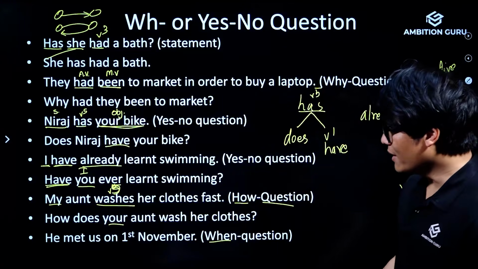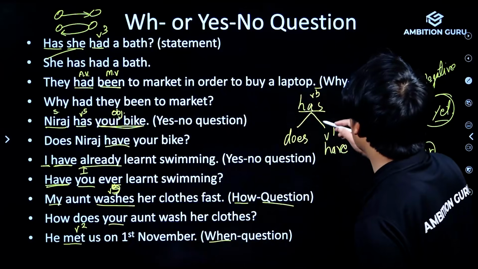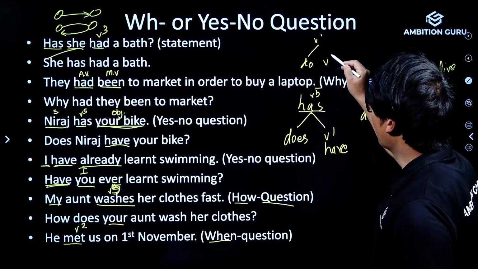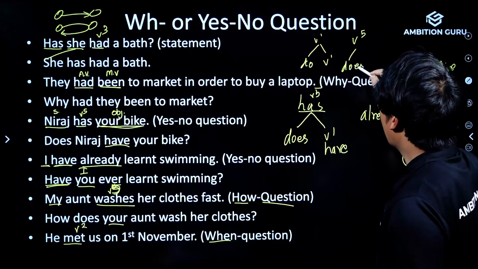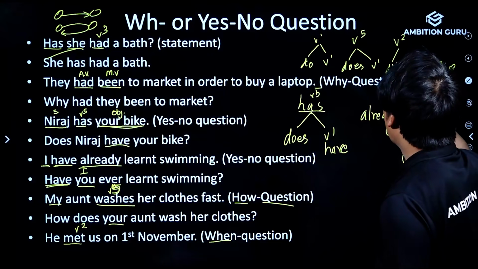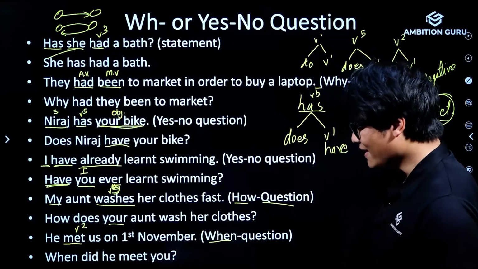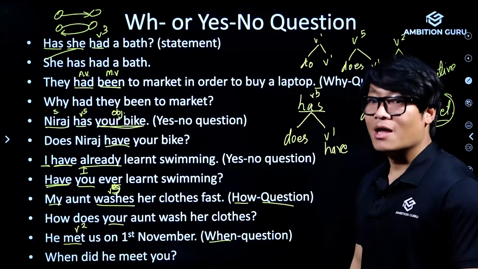So this met is verb 2, and we know that verb 1 means do, verb 5 means does, and verb 2 means did. So the answer is: when did he meet you?